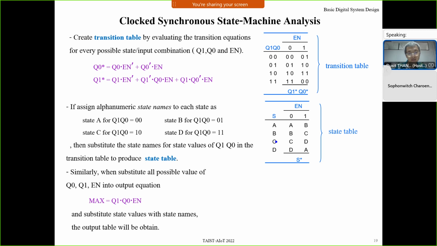Hello, sir. What does the state stand for? Yeah, this state, right? State A stands for 0, 0. The value of flip-flop Q1, Q0 when it becomes 0, 0.